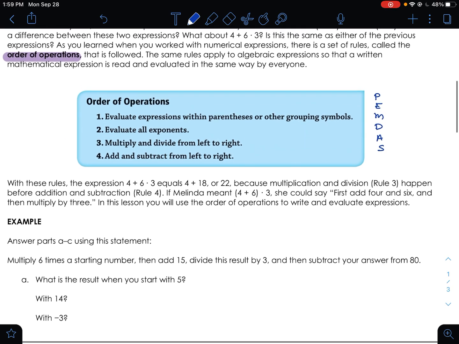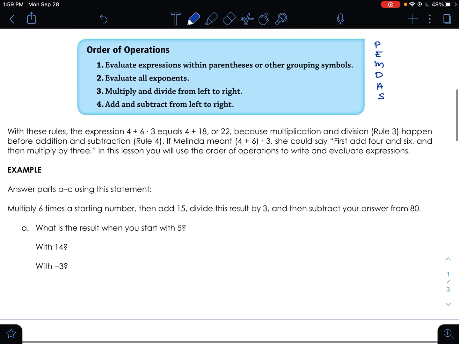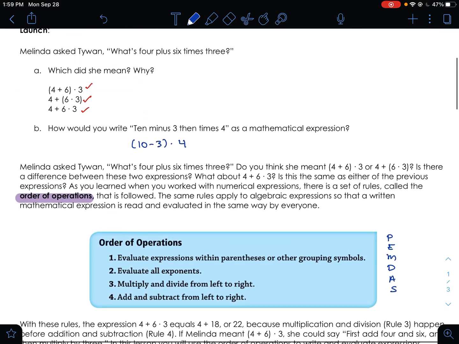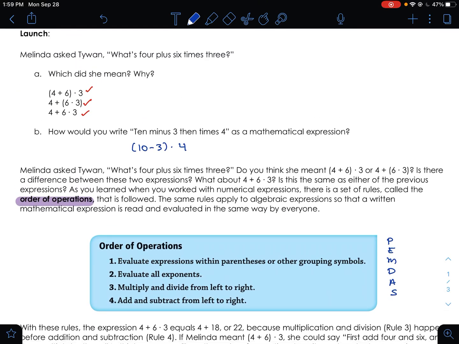So with this example up here, 4 plus 6 times 3, we would have 10 times 3, which is 30. Here with the parentheses, we'd have 4 plus 18, which is 22. And this one is the same thing, 4 plus 18, which equals 22.